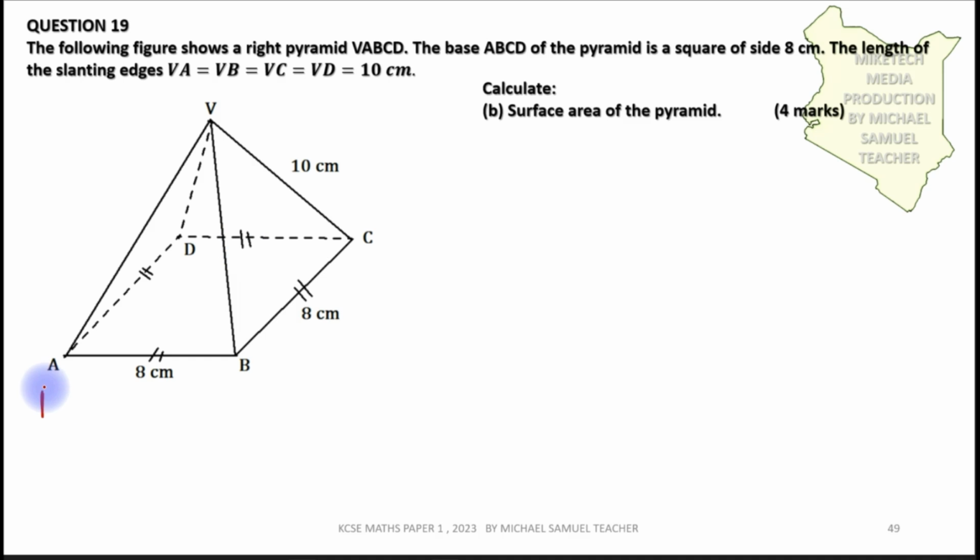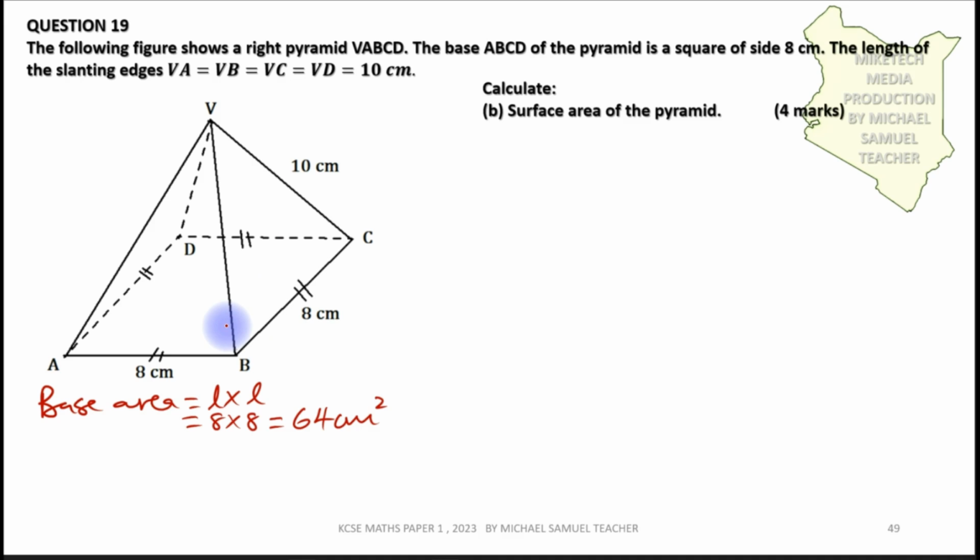So base area is length by length, which is 8 times 8, we get 64 centimeters squared. Then we need the slant height, because the base is a square, that means all faces are equal. So we get the area of one face and then we multiply it by 4.